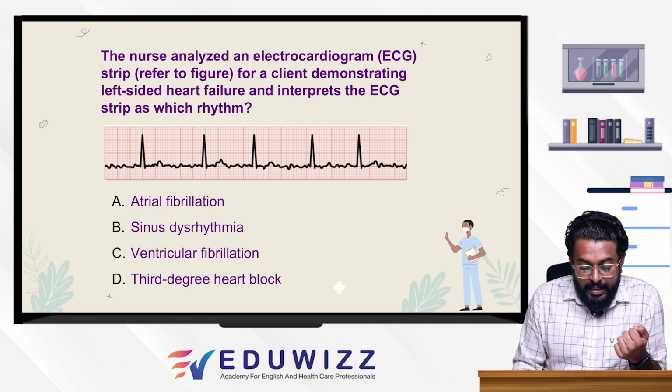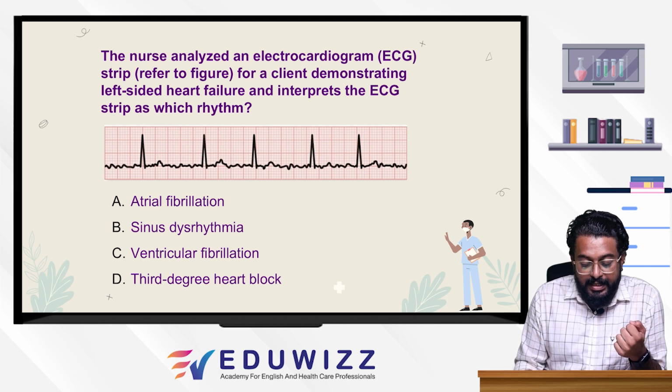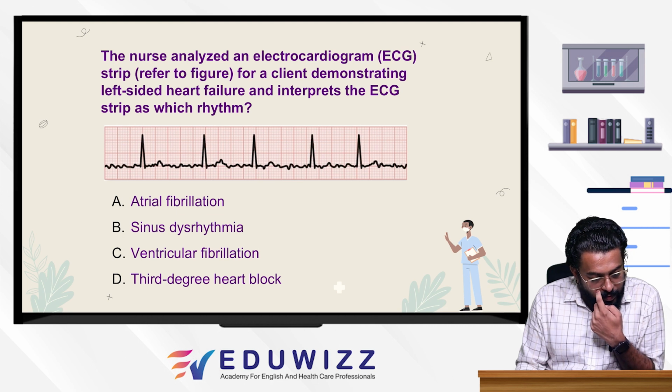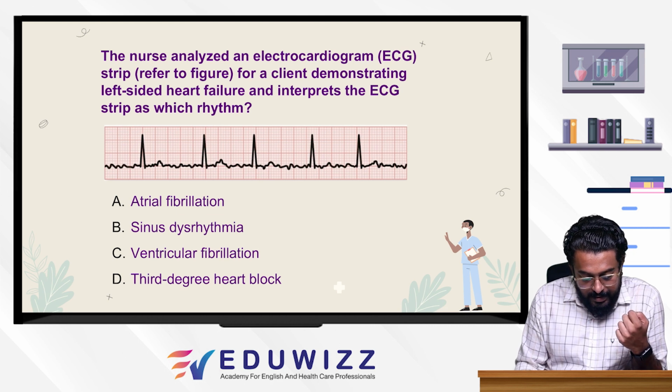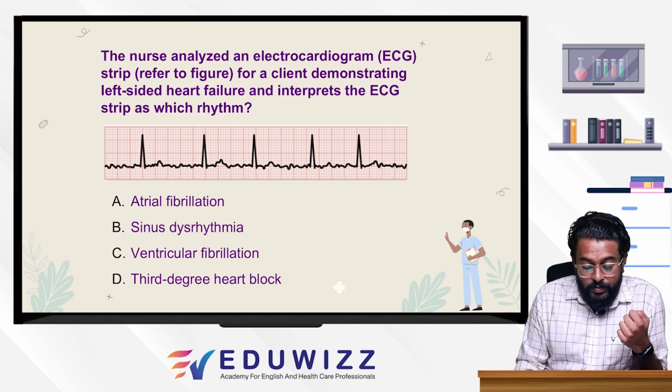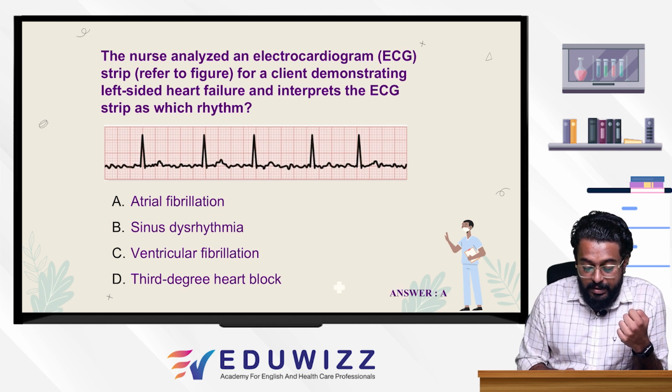Next question, the nurse analyzed an electrocardiogram for a client demonstrating left-sided heart failure and interprets the ECG strip as which rhythm? So you have to identify the ECG and say which cardiac arrhythmia this is. So here the answer is atrial fibrillation.